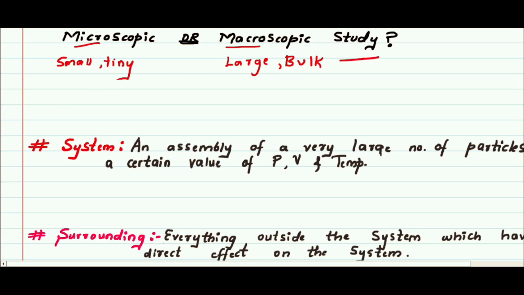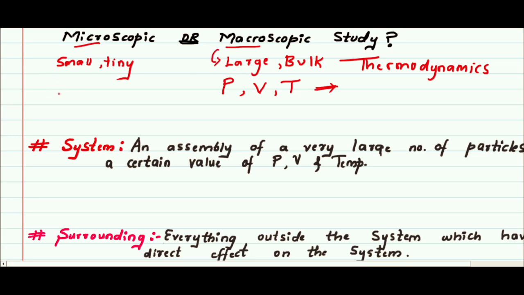So thermodynamics is a macroscopic study. Why? Because here we are going to find, in large quantity, the pressure, volume as well as temperature of the thermodynamic systems. So hence this is a macroscopic study.